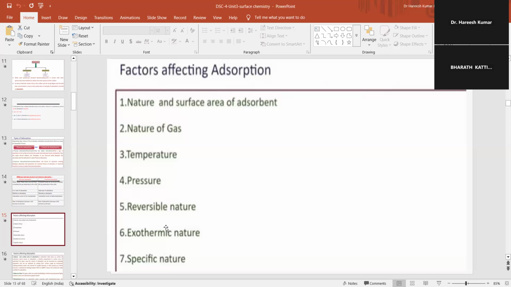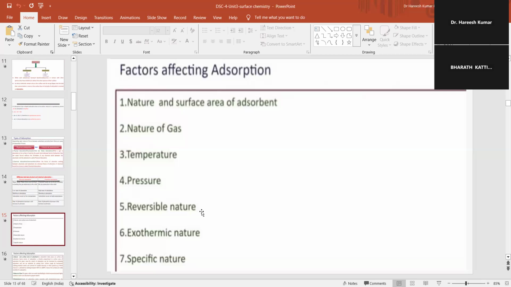Then reversible nature. Reversible nature means you know that equilibrium, conversion of product into reactant. So suppose if we remove, meaning decrease the pressure, then what will happen? Adsorption decreases.